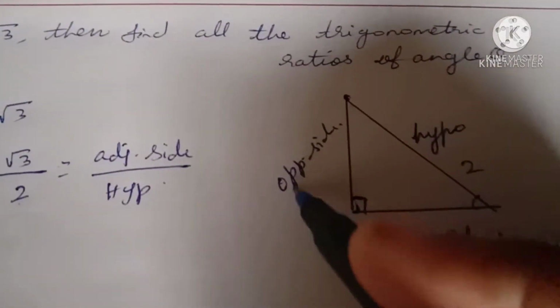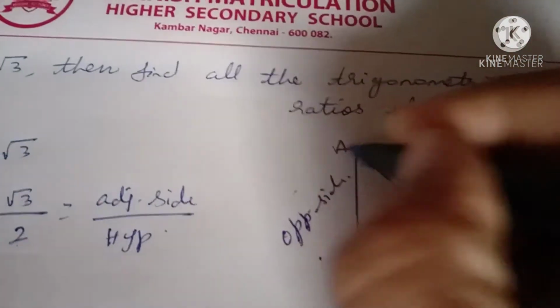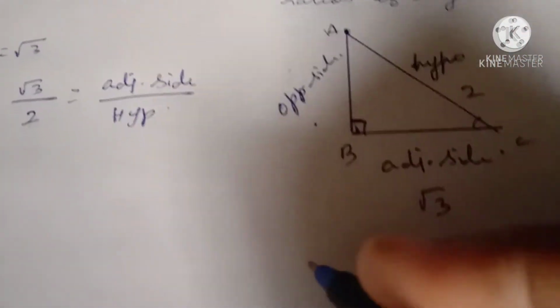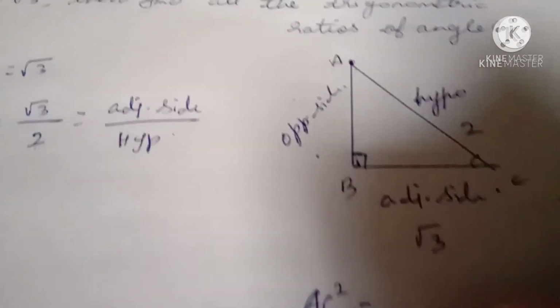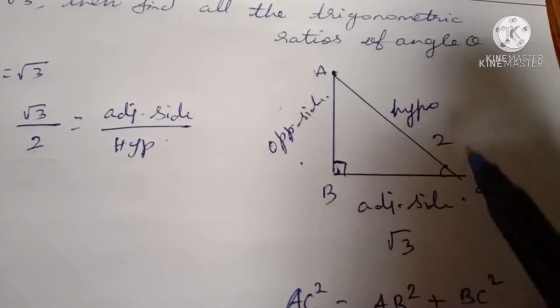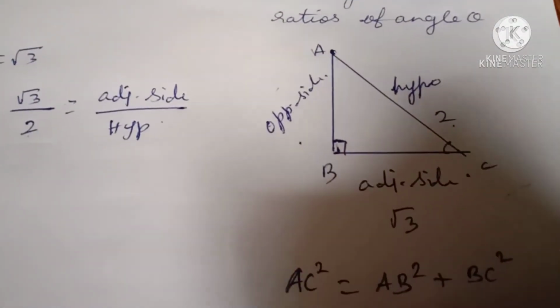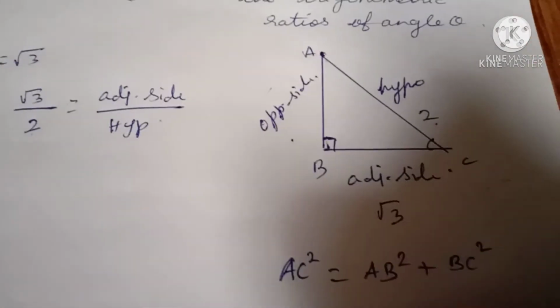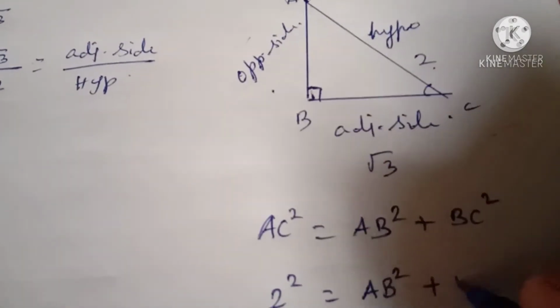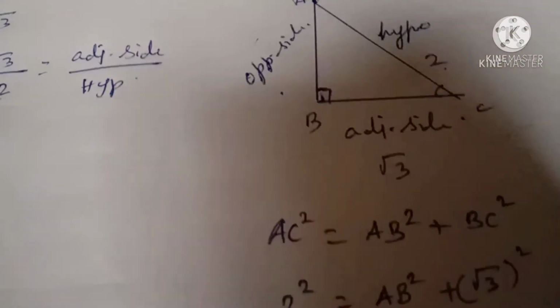Now we have to find the opposite side. Therefore in triangle ABC, you know the Pythagoras theorem. AC square is equal to AB square plus BC square. AC square value is 2 square, equal to AB square plus BC square, which is root 3 square.